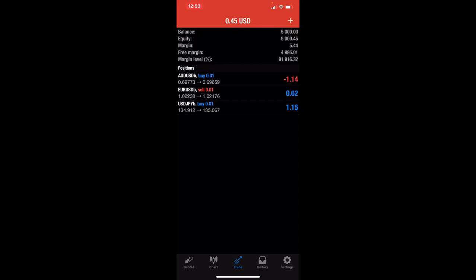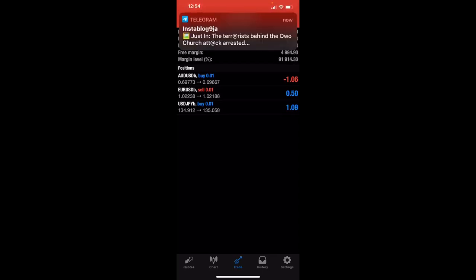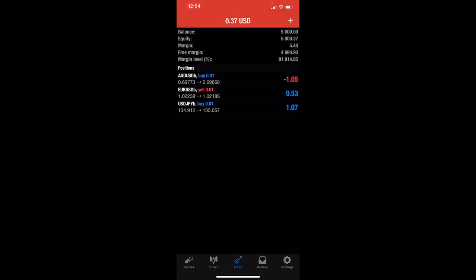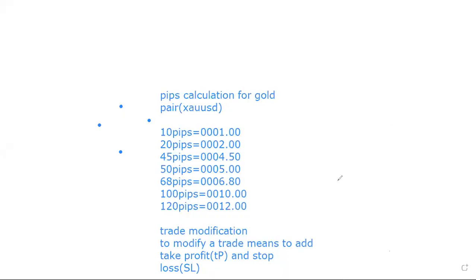Have you written that? Yes. Now, still on this buy trade, I want to calculate the stop loss. In a buy trade, for you to calculate your stop loss, you subtract pips from your entry price.